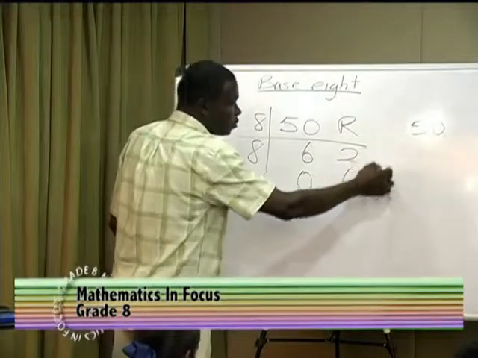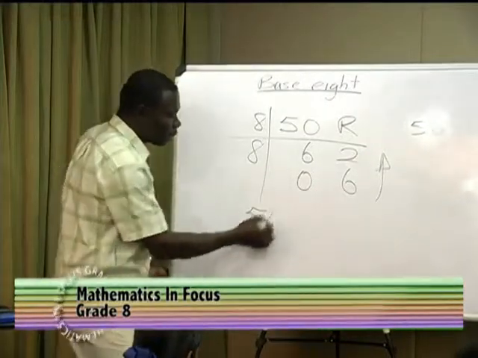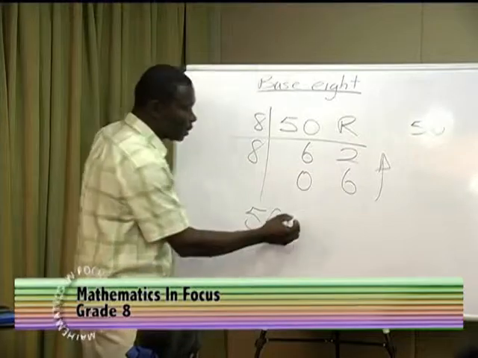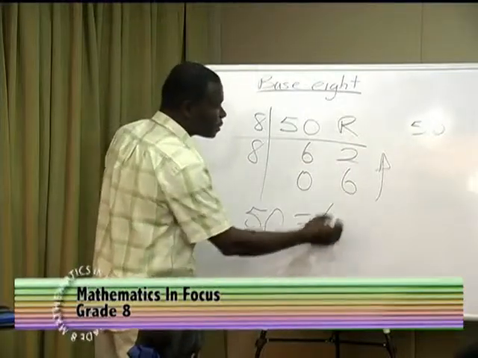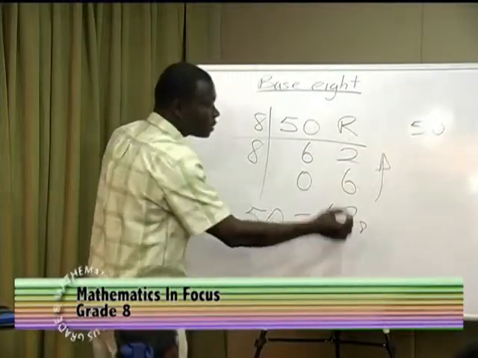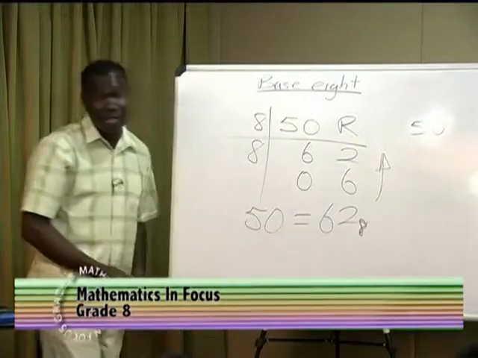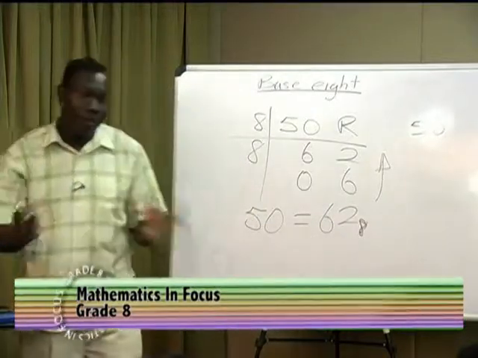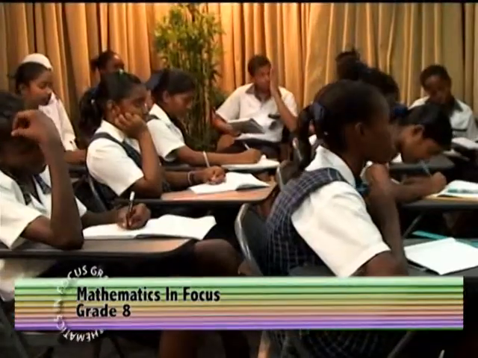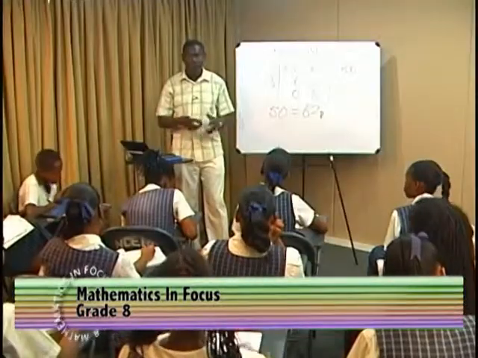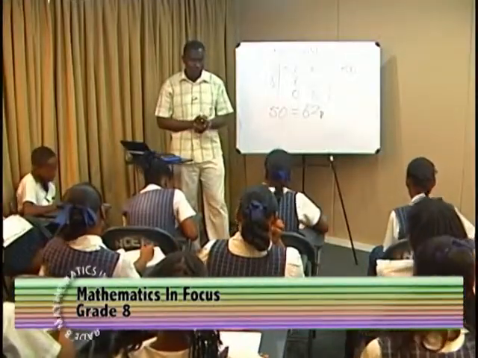So we reach 0, we stop there. So we say that 50 in base 10 is equal to 62 in base 8. Alright, and that's how we convert. So it's very simple, and the same thing we do with base 5 or base 6 or base 7, regardless of the base, the same procedure we do.